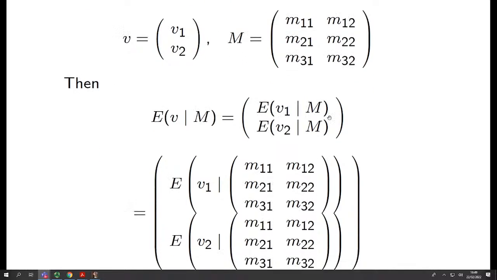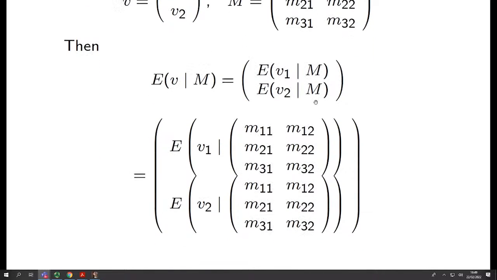So, if you want to blow up this concept, the first term here is the expected value of V1 conditioning on all the random variables in M, and the same for V2. It's not difficult to understand this, but it has some important implications now.